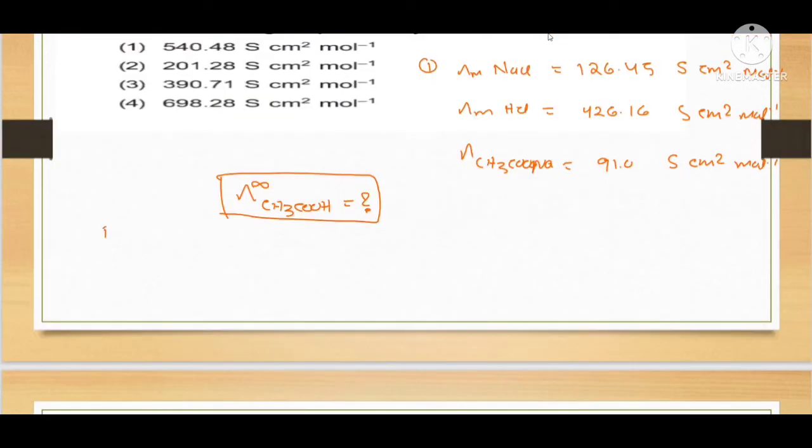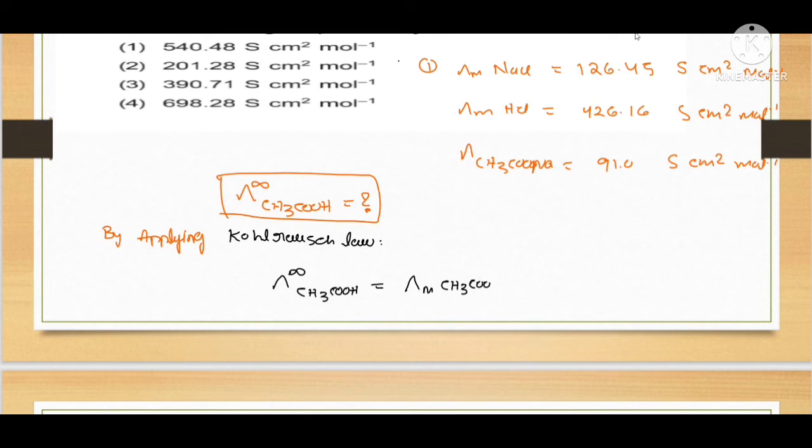We know that by applying Kohlrausch's law, the molar conductivity at infinite dilution of acetic acid is equal to the molar conductivity of sodium acetate plus the molar conductivity of HCl minus the molar conductivity of sodium chloride.